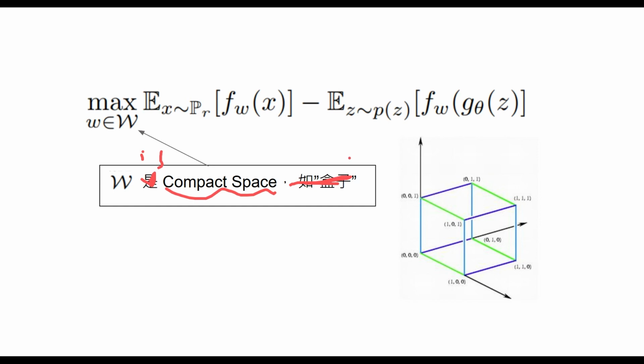So what is a compact space? It is a mathematical term in topology. Anything that is closed and bounded is a compact space, like a box.